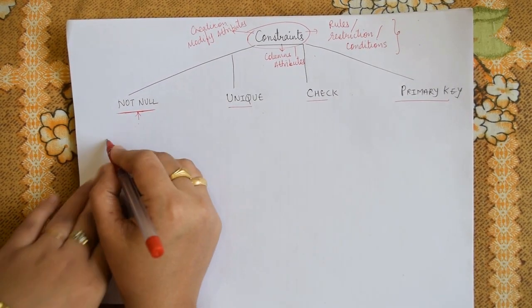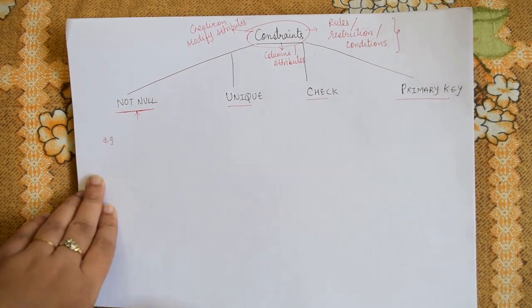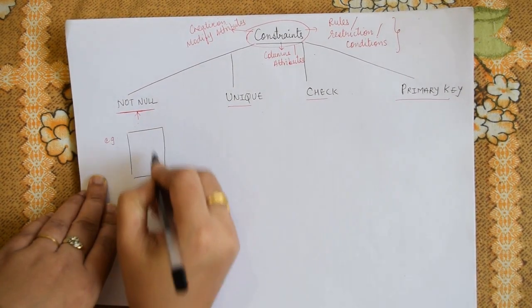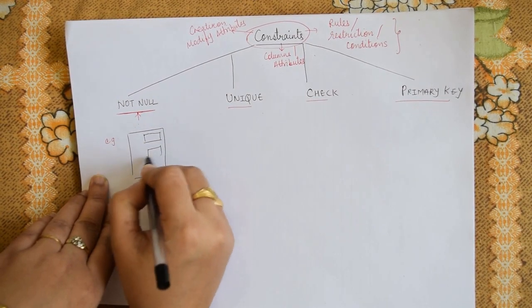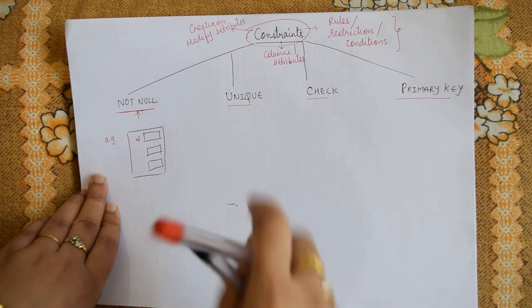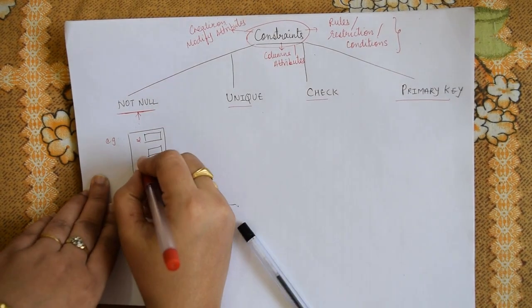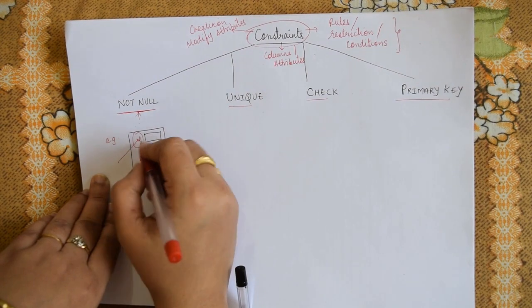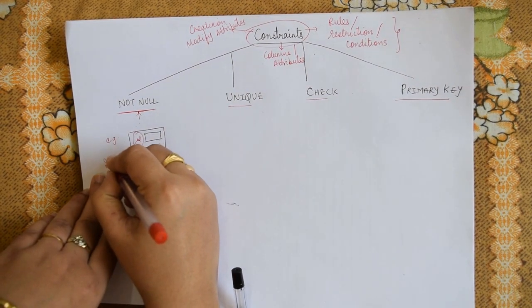For example, when we fill any form, it has some fields which are marked with an asterisk or a star notation, correct? This star notation indicates that this field is compulsory. That means we cannot skip this information.